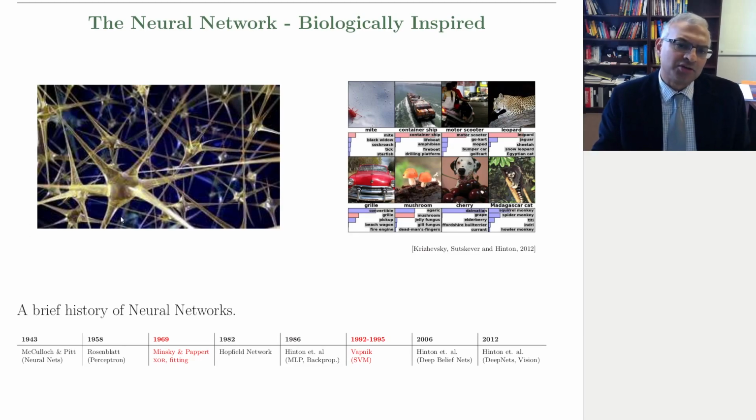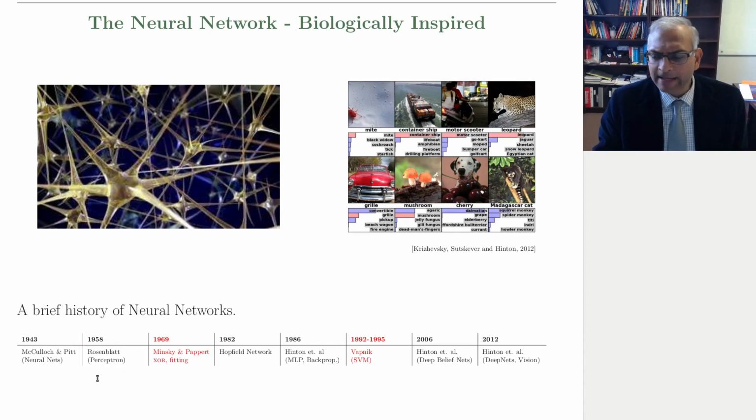I show you a cartoon of a neural network of a brain, and think of this as the biological inspiration for neural networks. And indeed, that's how the whole field started, starting about 1943 with the McCulloch and Pitts neural network. But really, neural networks started perhaps in 1958, with the Rosenblatt perceptron.